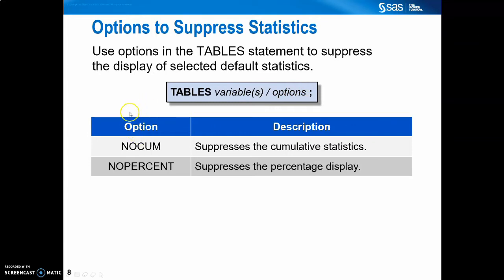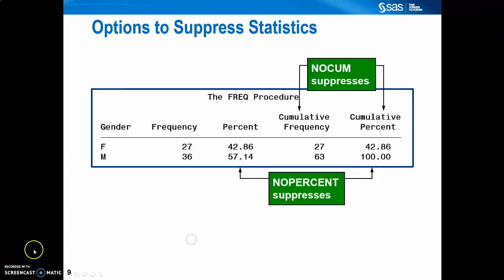Among the options that we can use in order to suppress information is NOCUM, which suppresses the cumulative statistics. Another one is NOPERCENT, which is used to suppress the percentage display. So as we can see here, this is the table produced by using the default statistics from the TABLES statement.